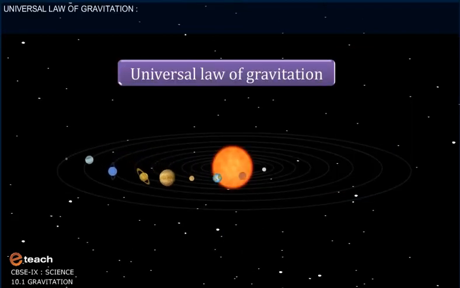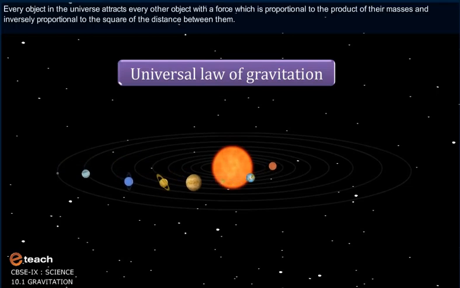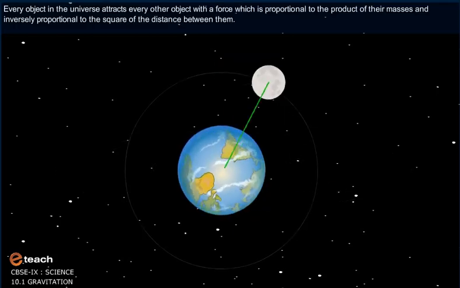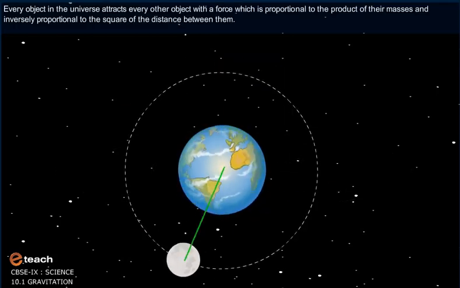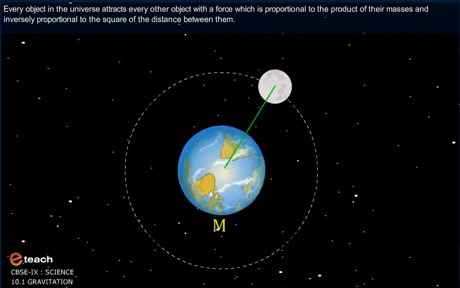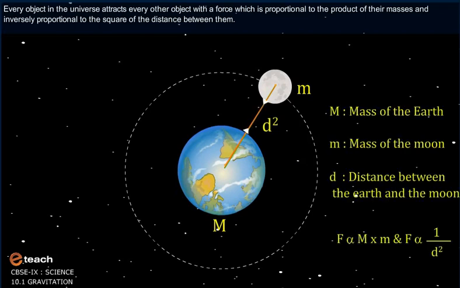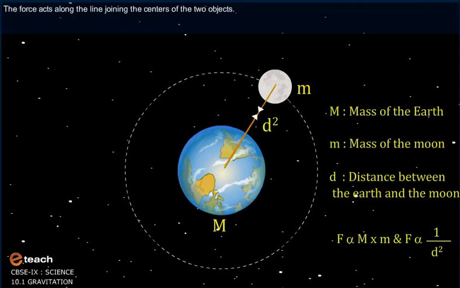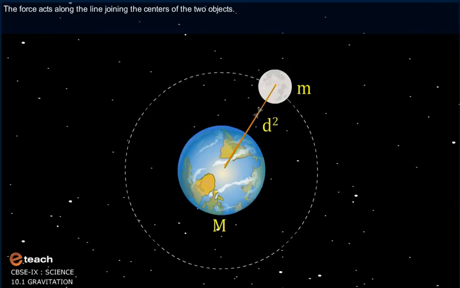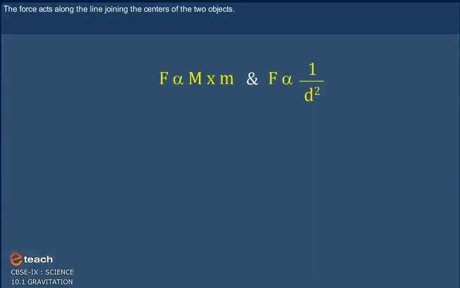Universal law of gravitation. Every object in the universe attracts every other object with a force which is proportional to the product of their masses and inversely proportional to the square of the distance between them. The force is along the line joining the centers of two objects.